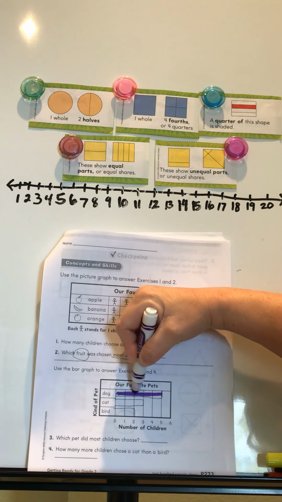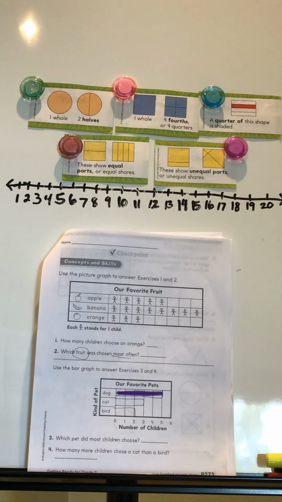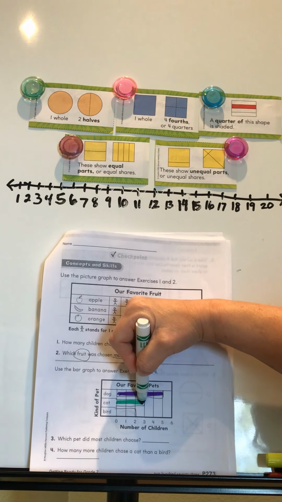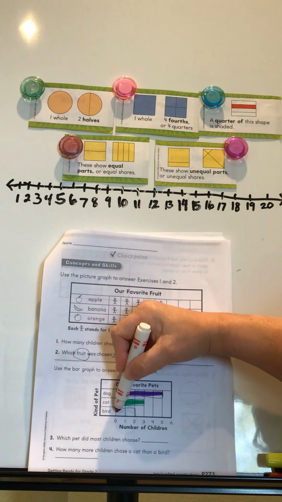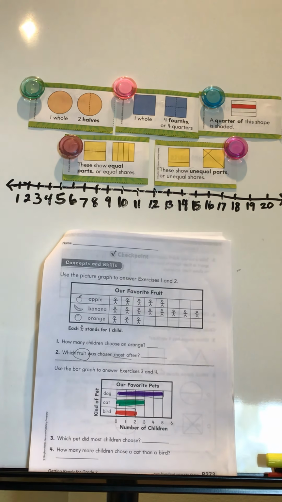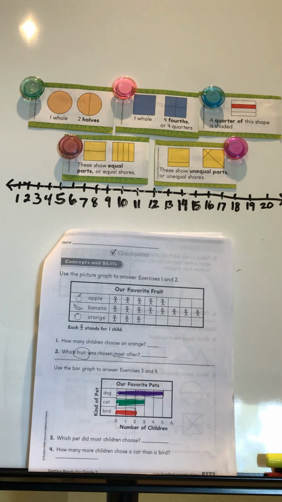So dog all the way to there, okay, cat there, and bird there, okay? So if that helps you see better, then go ahead and do that. That way you can answer the questions correctly.